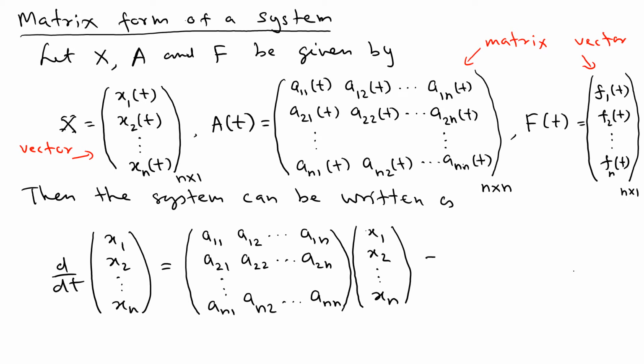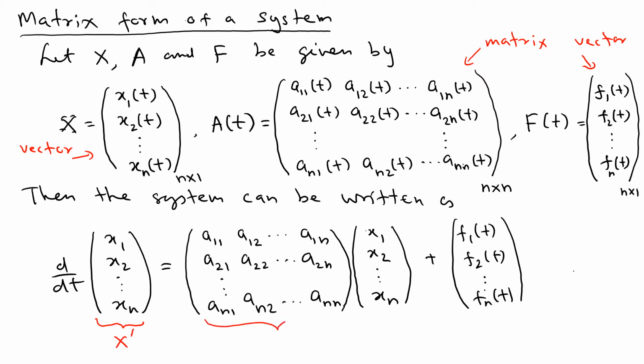Plus, then we have the f functions, f1(t), f2(t), fn(t). That's the non-homogeneous part. You can see that what we have here is simply the derivative of the x function.